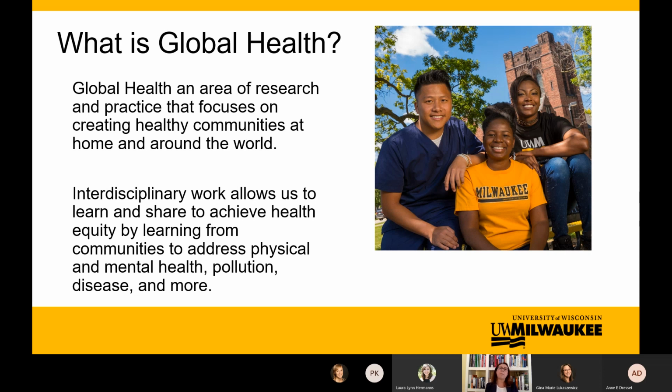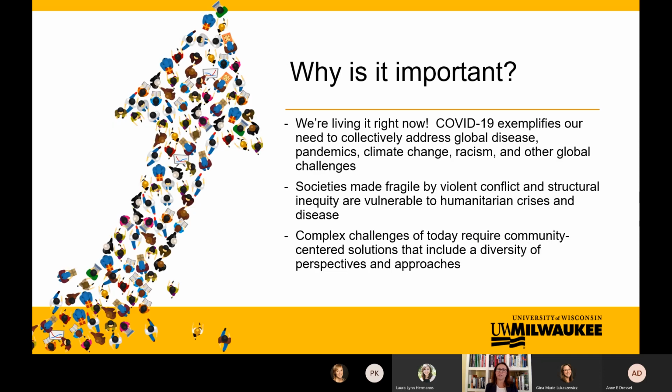So now let's talk about the importance of global health and global health research. So we are living through a pandemic right now. So the COVID-19 pandemic exemplifies our need to collectively address global disease, pandemics, climate change, racism, and other global challenges that the researchers are going to share about today.